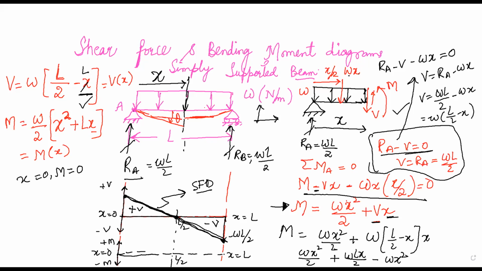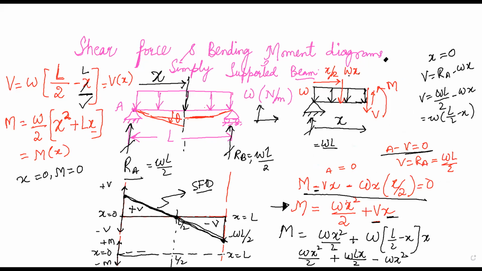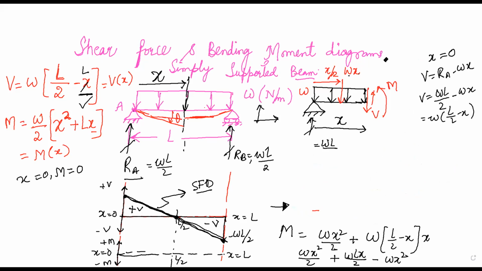So as we solve it, let me clear some space to write it. M will become, first of all, we have wLx divided by 2, then we have wx square by 2 minus wx square, that is minus wx square divided by 2. Okay, so we can take w by 2 out.